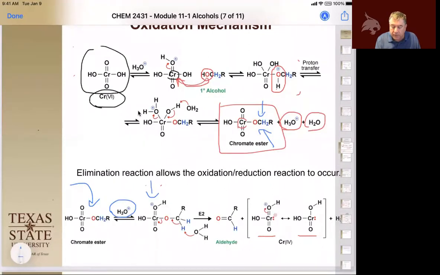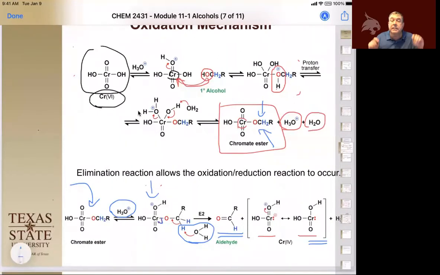In this case, it's going to take the electrons from that chromium oxygen bond, and that's going to decompose into our chromic acid here. But when it does that, it also has water coming in as a Lewis base to take away that hydrogen to give us our carbonyl compound.